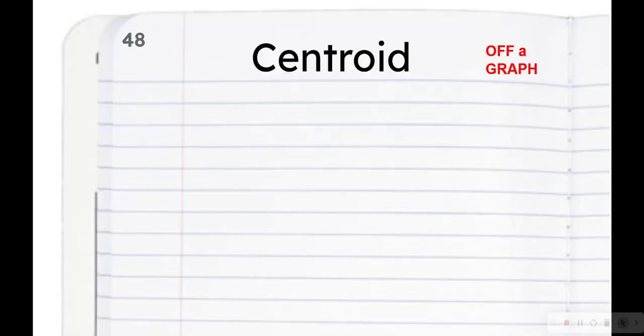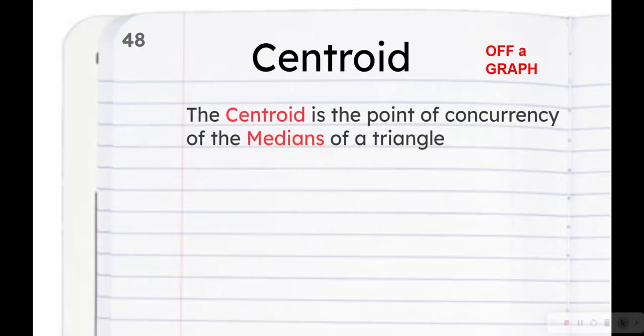So the centroid, we're going to talk about that again off the graph and on the graph. So grab a little note outline if you haven't already, or you can do this without one. But the centroid, our new point of concurrency, it's made up of something called medians. And so a median is another new vocabulary word.